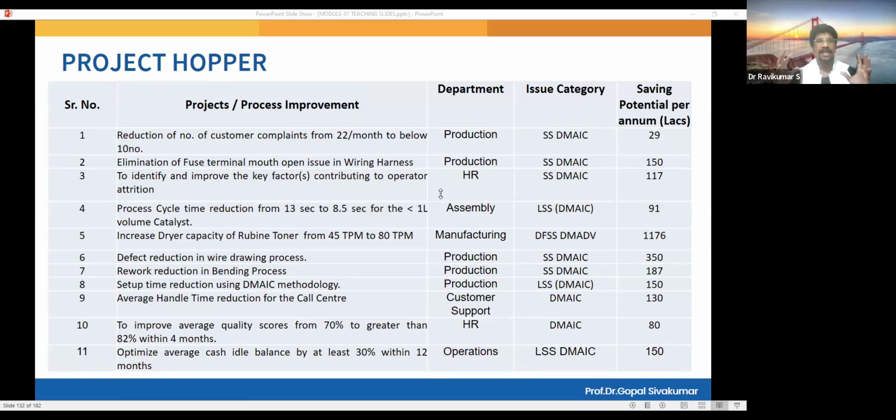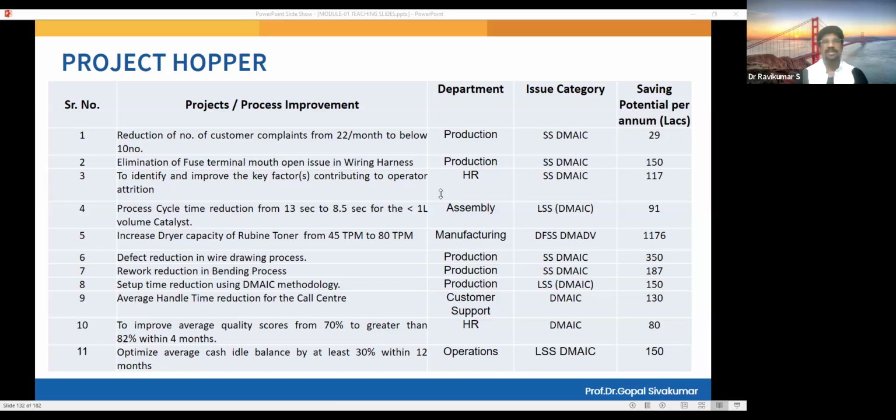They have been collected and put together in a sheet. Now it is a job to identify which one is a lean project, which one is a Six Sigma project, and which one is not at all a lean Six Sigma project.